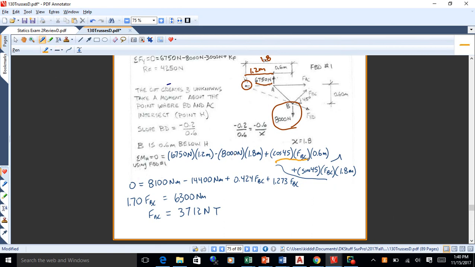And then I'll have two components of FBD, cosine 45 for the x and sine 45 for the y. So cosine 45 FBC will get me that horizontal component. As that cuts under my point H, that'll go counterclockwise, so that'll get a positive. And that moment arm there is 0.6. And then I'll also have a sine 45.